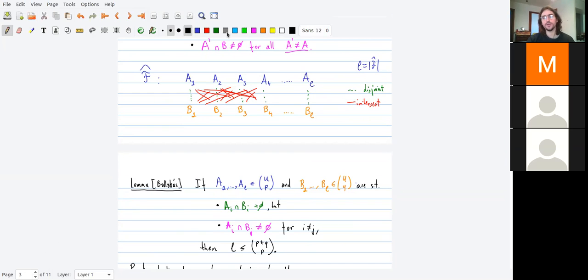Namely, if I've got some subsets of a universe of size P and another sequence of subsets of size Q, with exactly this property that in pairs they are disjoint, but across the pairs they do intersect, then this structure is of size at most P plus Q choose P. And this will end the proof, right?